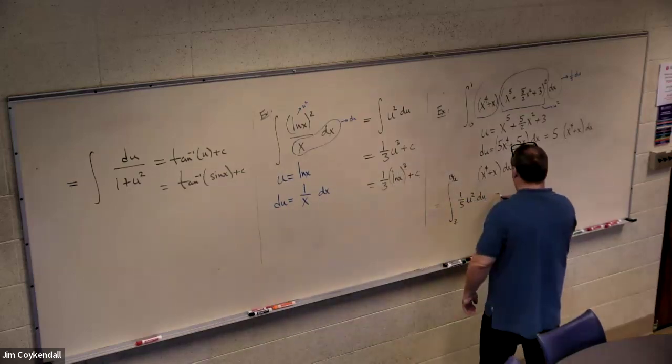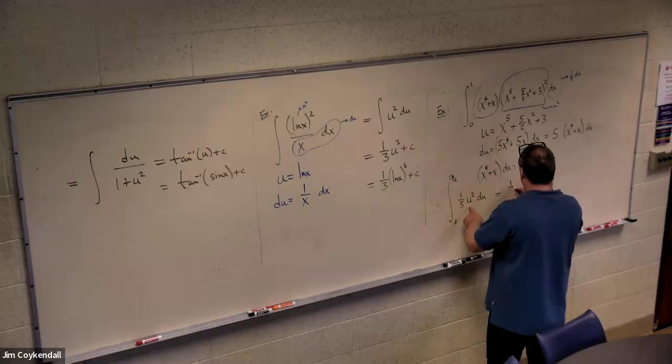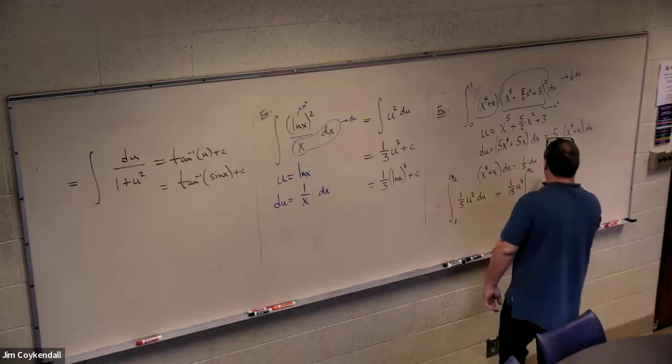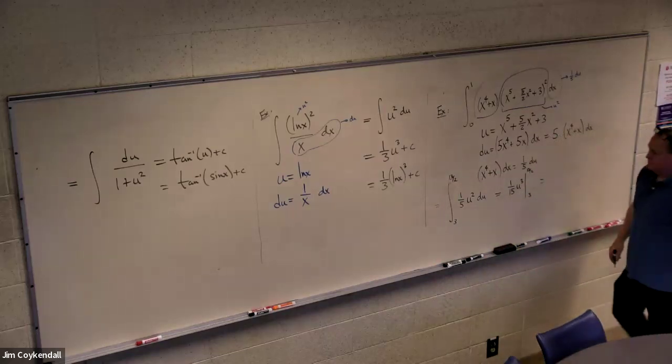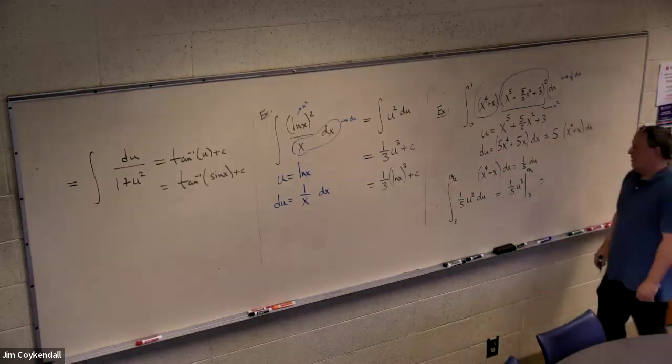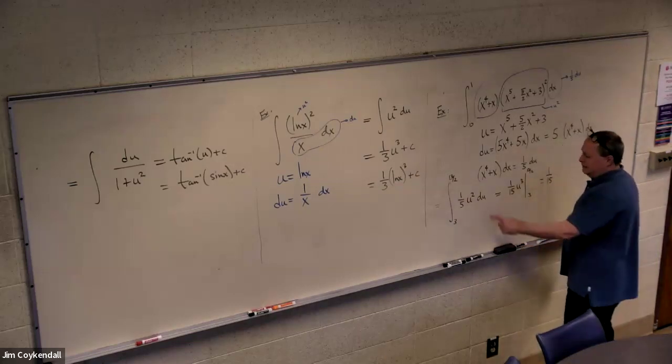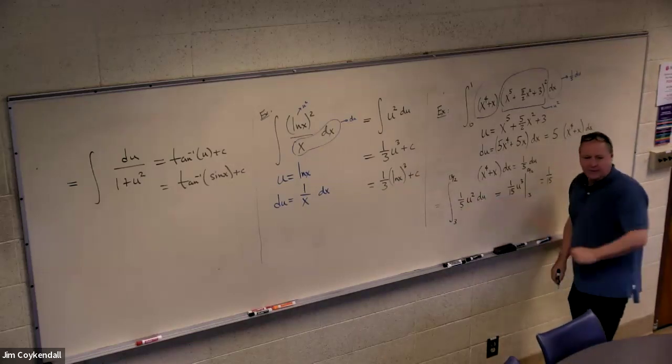So 1/5 here, evaluated from 3 to 13 halves. So this becomes 1/3 and 1/5, right?